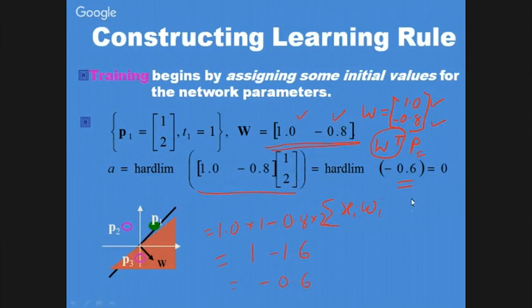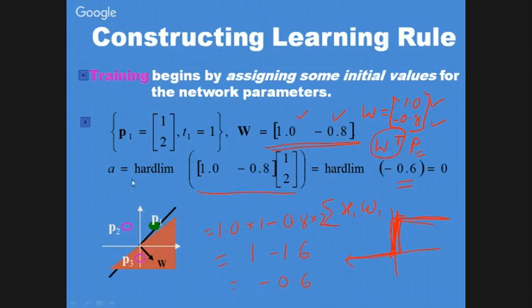If it is greater than 0, then it will be 1. The graph we saw in yesterday's class will be like this only. It should go through 0, and it should be 1, right? So we should get like this.